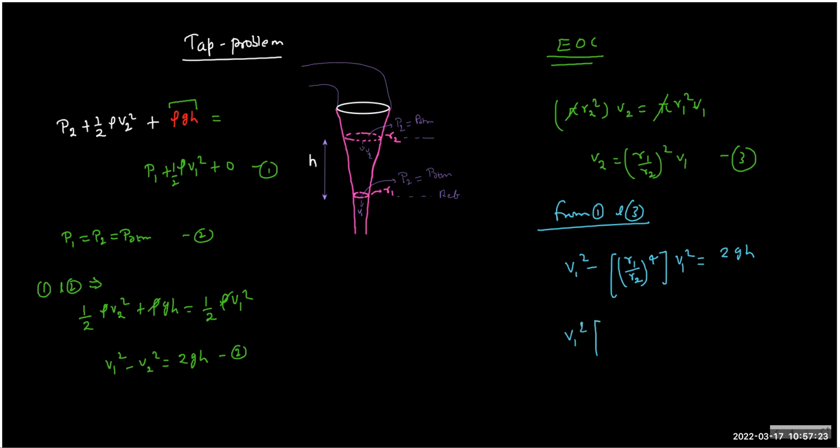So V1 squared is equal to, we can write in terms of radius. So V1 turns out to be under root of 2gh upon something.